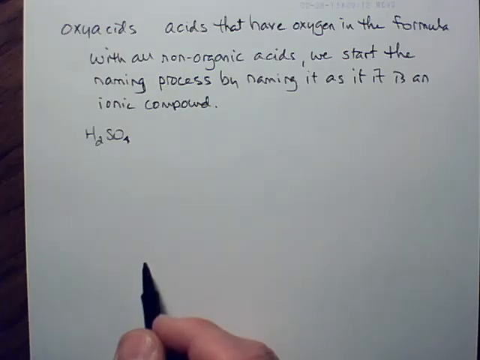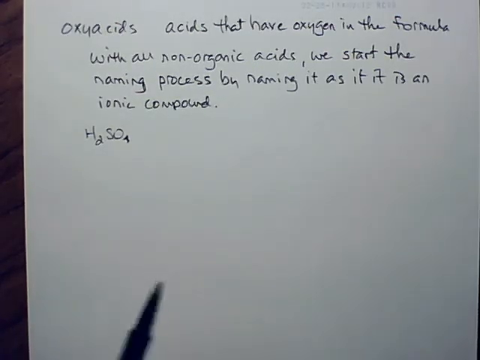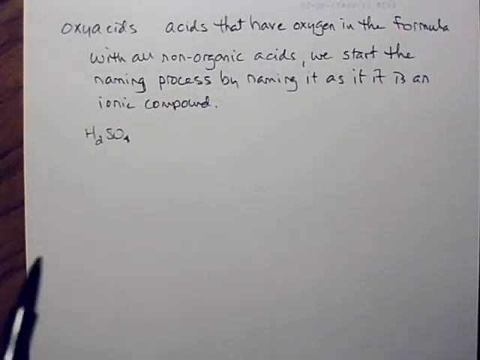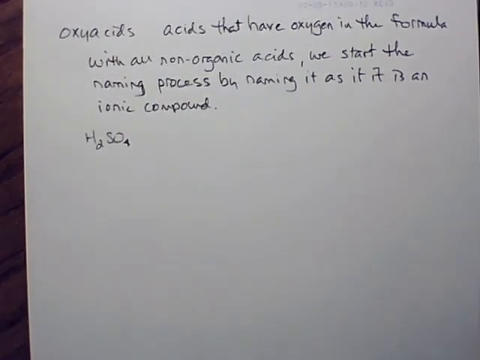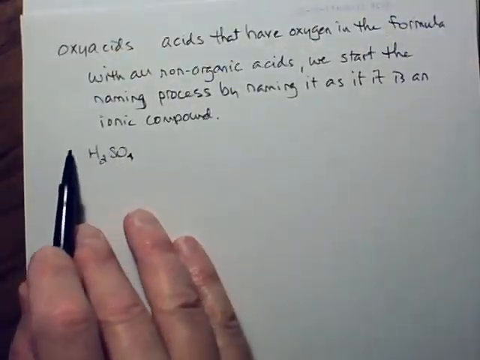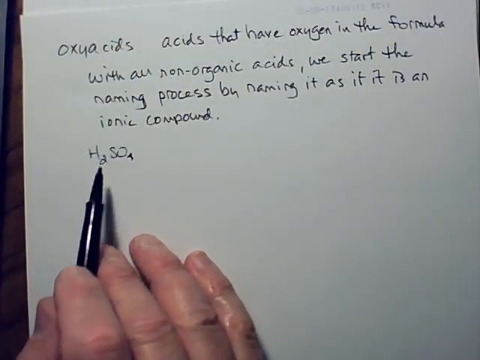Where do you look? Polyatomic ions list. Guys, you have to know this. So what polyatomic ion looks like some part of this formula? That's what we're trying to figure out.